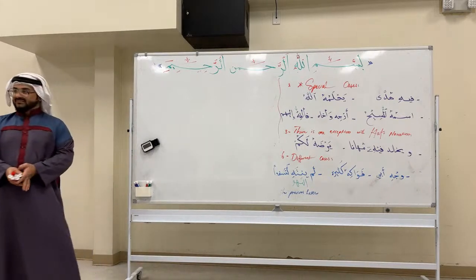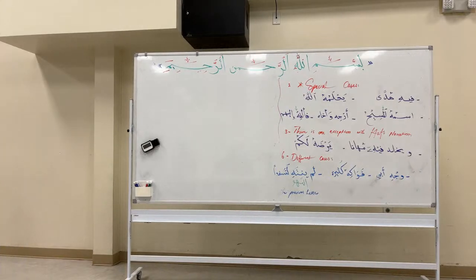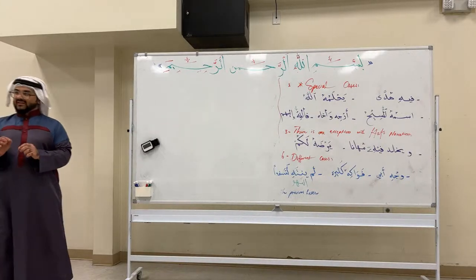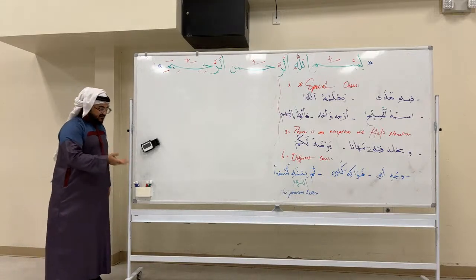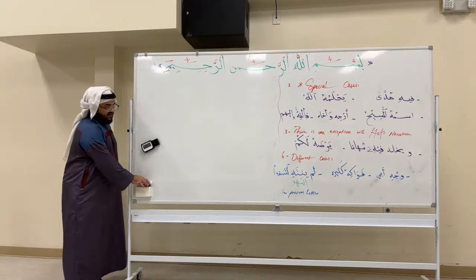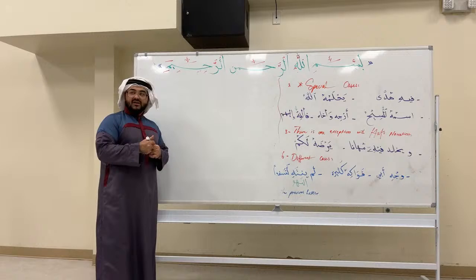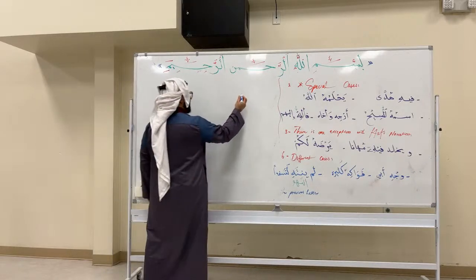I mean, all the examples are from the Quran. They're not human, but most of the time in the Quran it could refer to things. Yes, could be things. Okay.